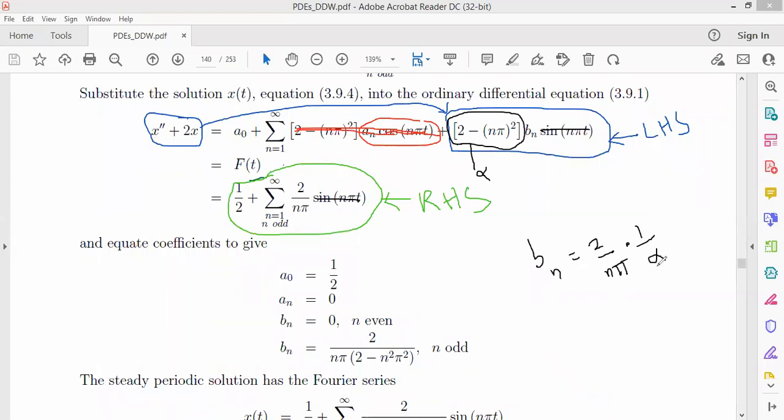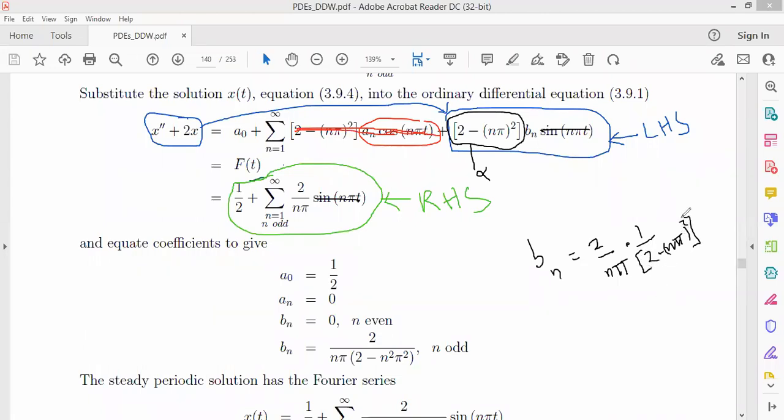So instead of alpha, I can now substitute my 2 minus n pi. This is a 2, this is minus n pi. This one is squared here. Is that okay? Then you have this thing here.